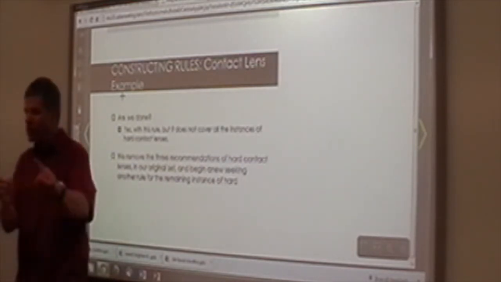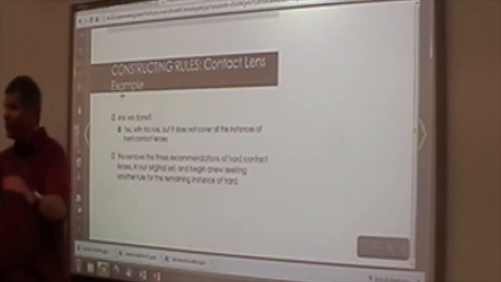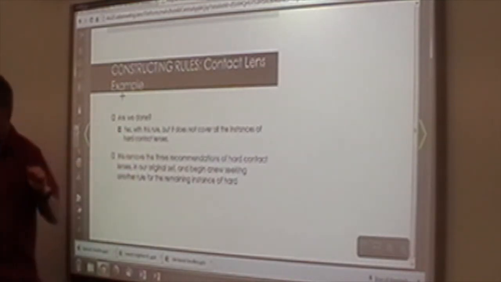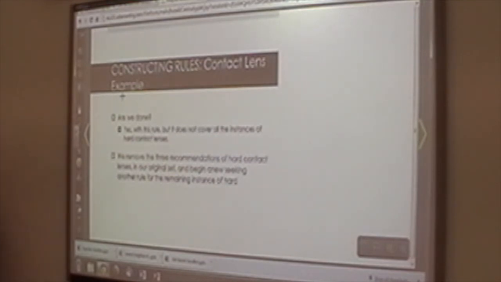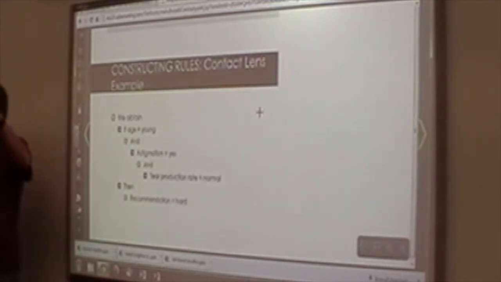So now we want to strip out the stuff that we've already found and try to get the last instance. So this time, do I need to go through it in detail like we did last time? Oh, we're good.